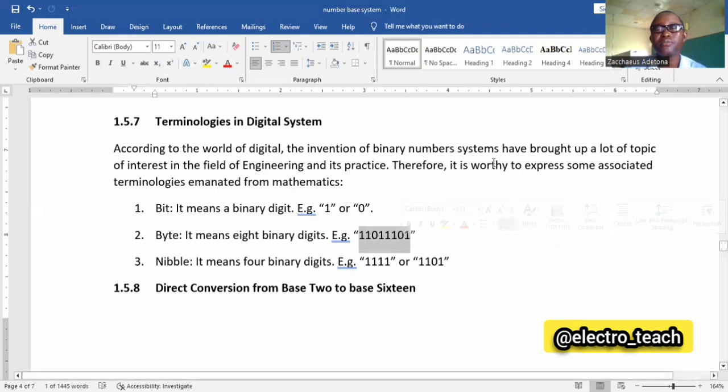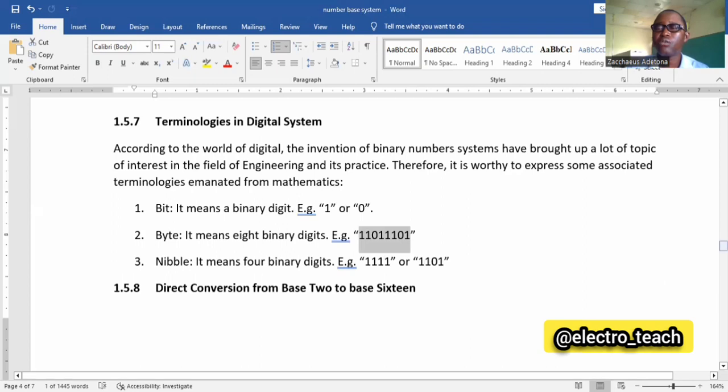That is a byte in a binary system, in digital system. And also, nibble means 4 binary digits. Instead of 8 that we call bytes, then we can have a nibble, which is half of a byte. Like, for example, we have 1111 or 1101. These are examples of nibble.